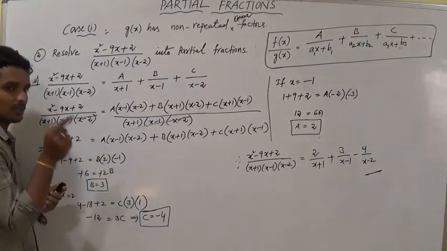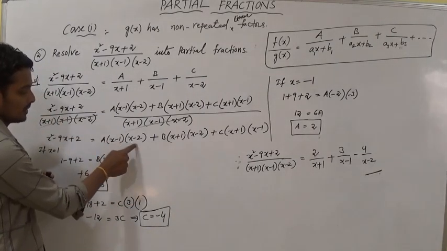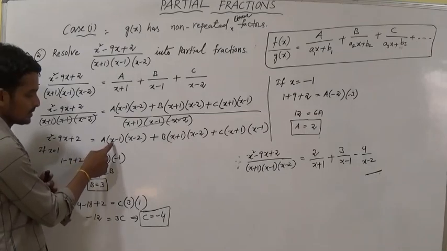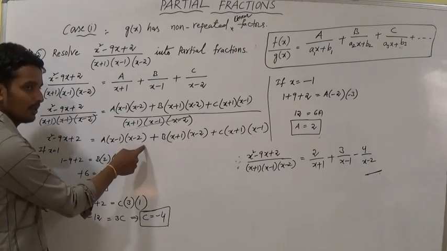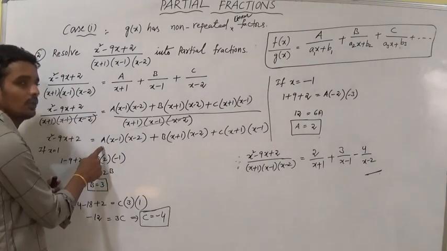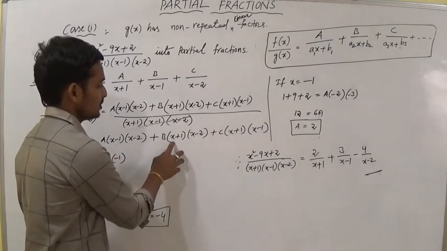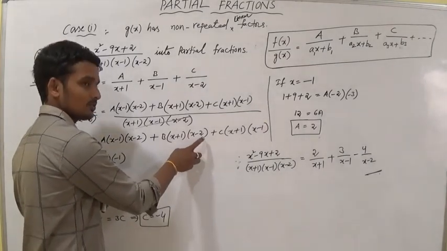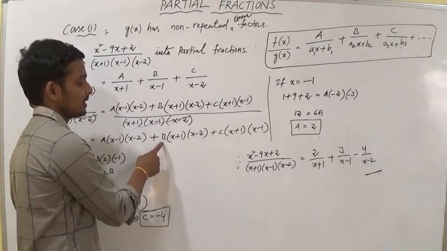Why? Because if you solve, you can follow this. For example, if you substitute x is equal to 0, here something into A. Am I right? Because 0 minus 1, 0 minus 2, that is minus 1 into minus 2 plus 2, 2A. Plus here, 0 plus 1 is 1, 0 minus 2 is minus 2, minus 2 into 1 minus 2, minus 2B.